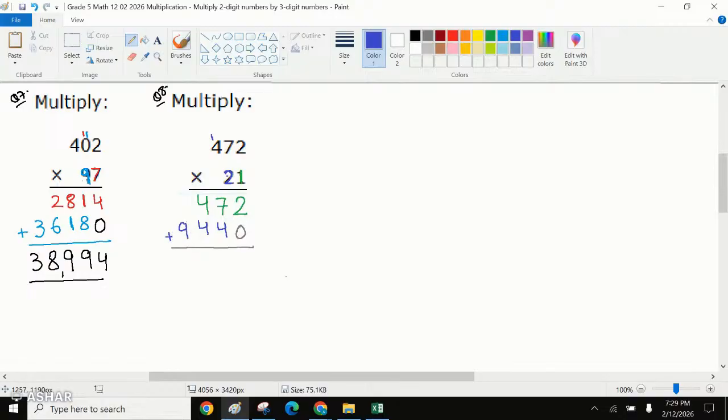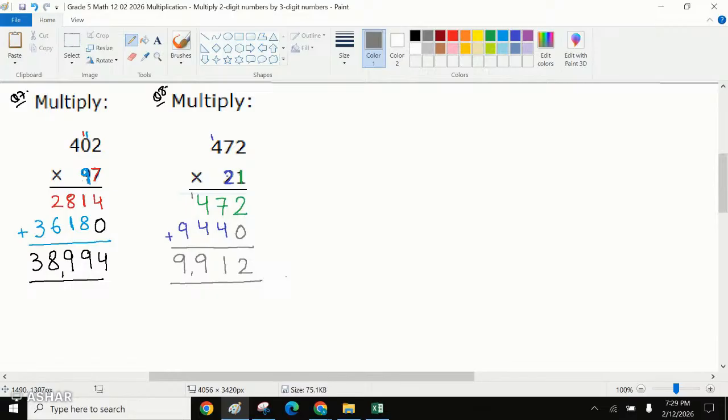When we add them together, 2 plus 0 is 2. 7 plus 4 is 11. We carry 1 to the hundreds. 1 plus 4 is 5, and 5 plus 4 is 9. 9 comes as it is.